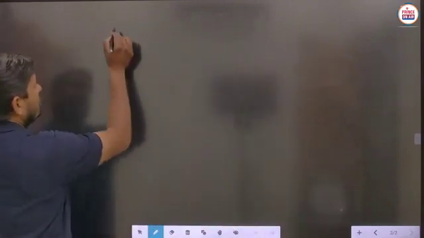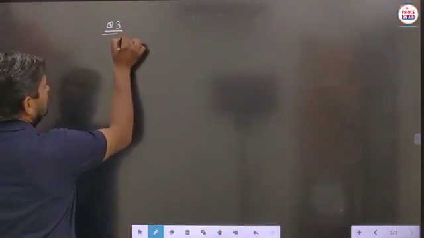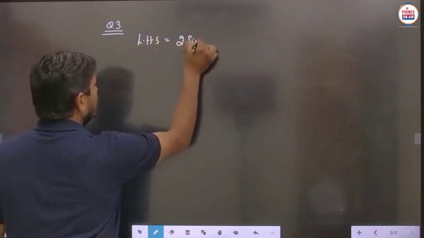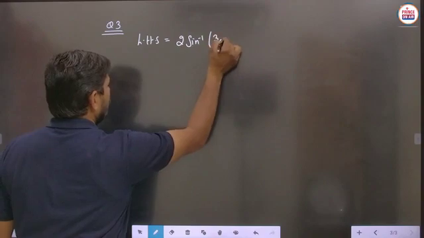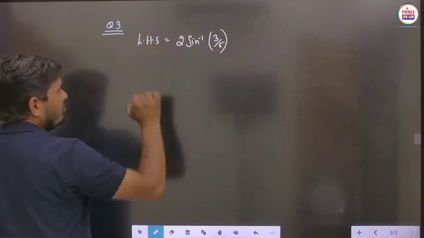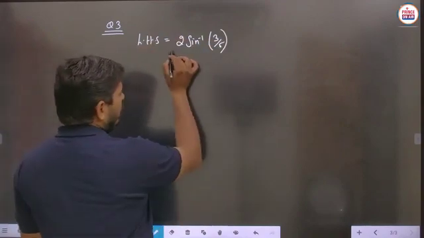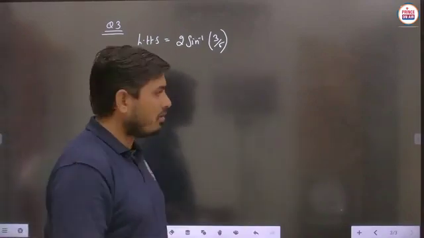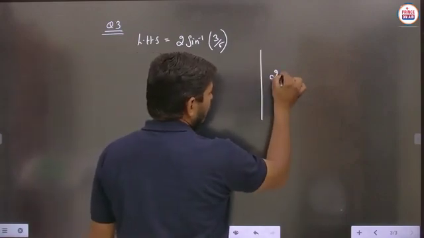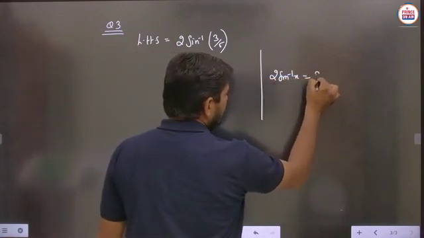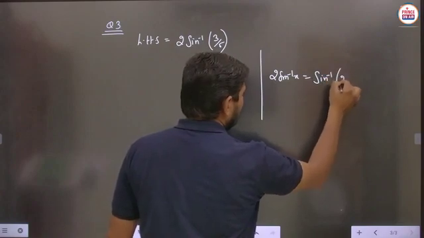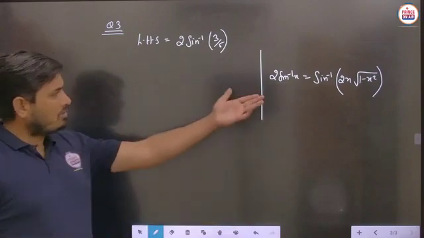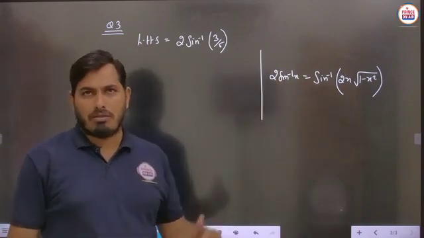For question number 3, we take the left hand side, that is 2 sin inverse 3 by 5. First of all we have to eliminate this 2. Either you can write this as sin inverse 3 by 5 plus sin inverse 3 by 5, or you can directly use the formula for 2 sin inverse x, that is sin inverse of 2x into square root of 1 minus x square, because this property we already discussed in the previous section.